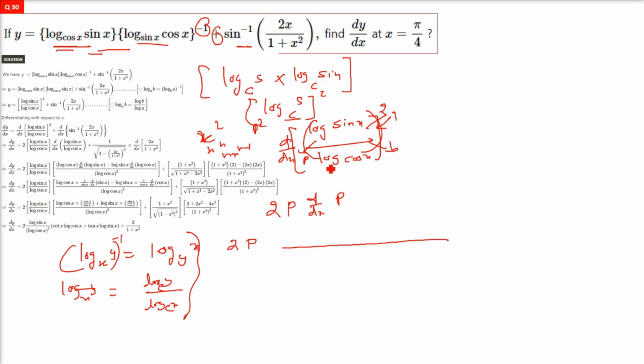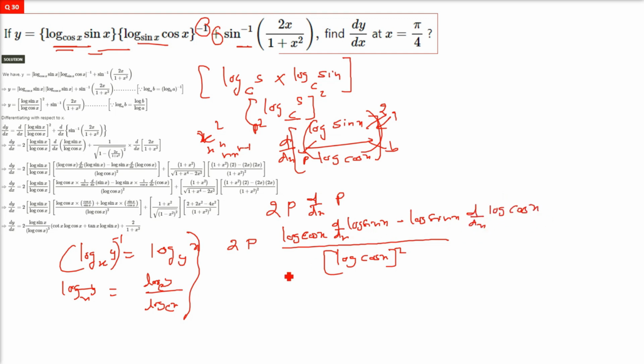What is in the denominator? Log cos x whole square. This is your denominator. Log cos x will come here, and then the differentiation of log sin x. Then subtraction, minus log sin x and the d by dx of log cos x.